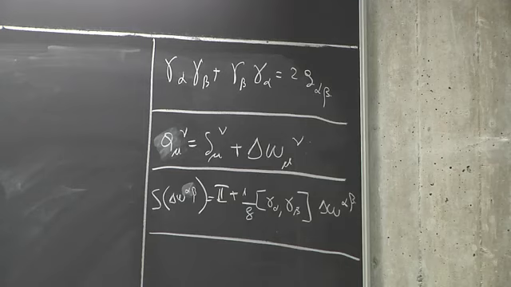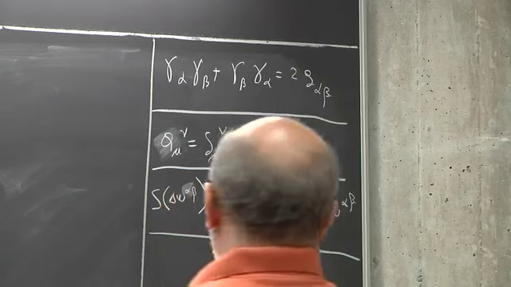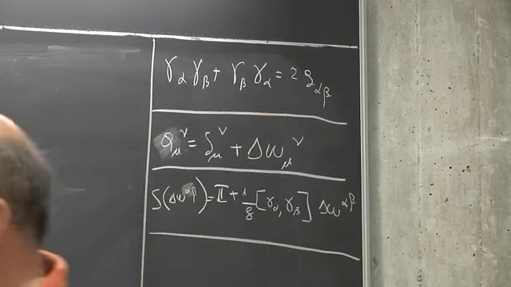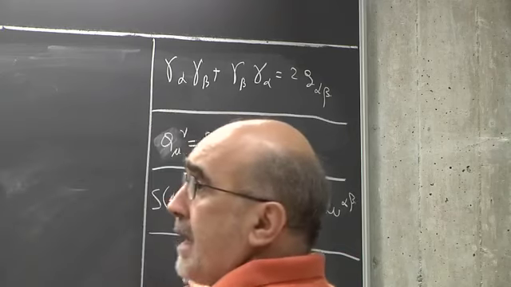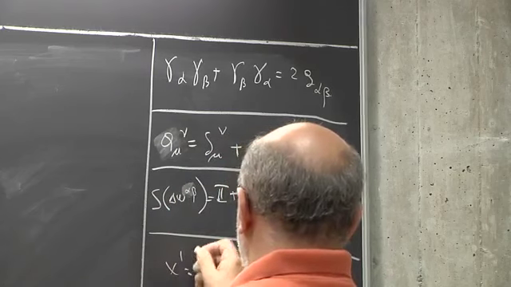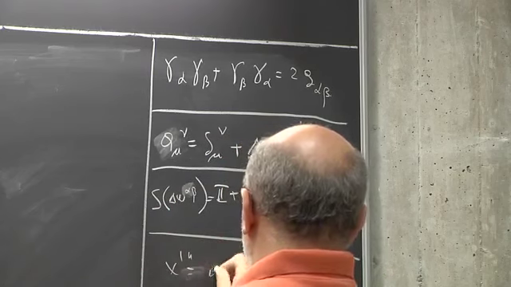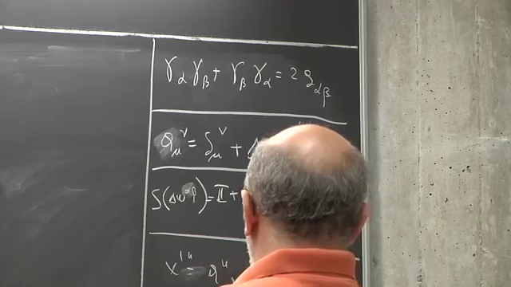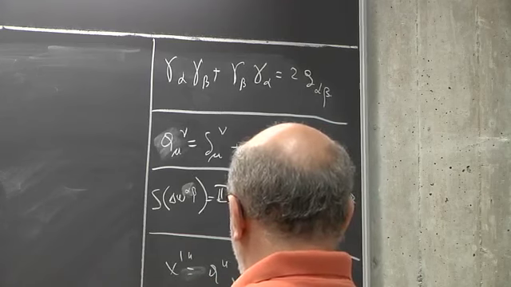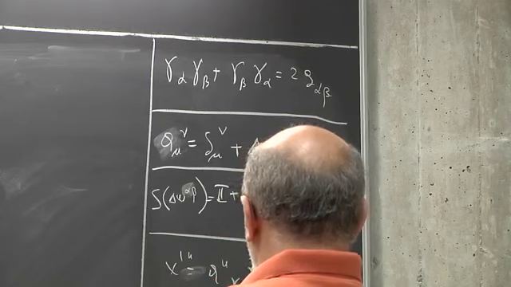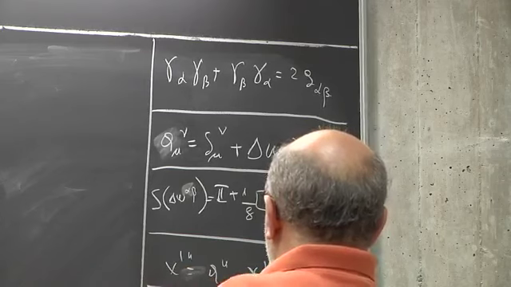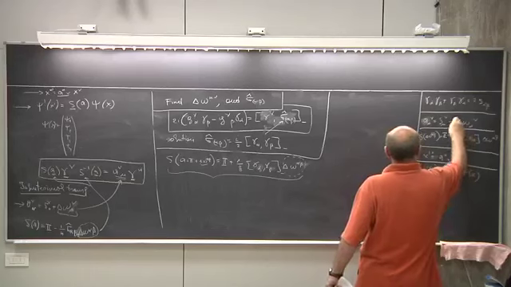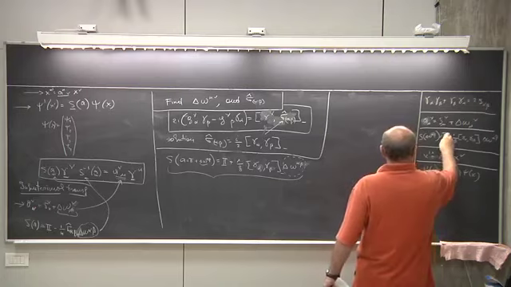Okay. Now we have to find the omega AB. Let me, what else do we need? No. We can cancel all the rest. Oh, well, of course, we have to remember x prime mu is equal to A mu nu x nu, and we have that psi prime of x prime is equal to S of A psi of x. Okay? This is the space-time transformation, and it goes with this.